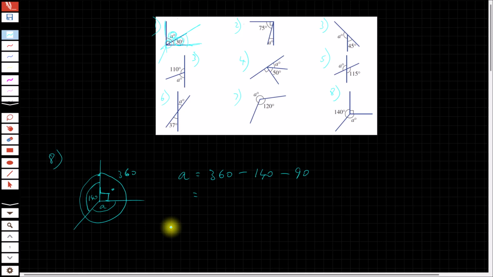So if we calculate that, we get 130 degrees for A. So this is how we can find the missing angle with these geometry problems.